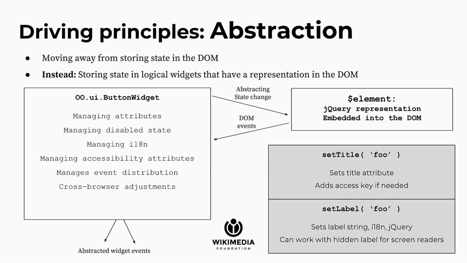And you, as the user of OOUI, don't need to do a lot of research to make sure that a screen reader reads it properly, or what kind of title to use for different kinds of elements. You just use set title, and the system does it for you in a cross-browser way and in multiple ways. And the same thing with set label. You can give it a string or internationalization or a jQuery object, and we deal with what it means to add the actual DOM.